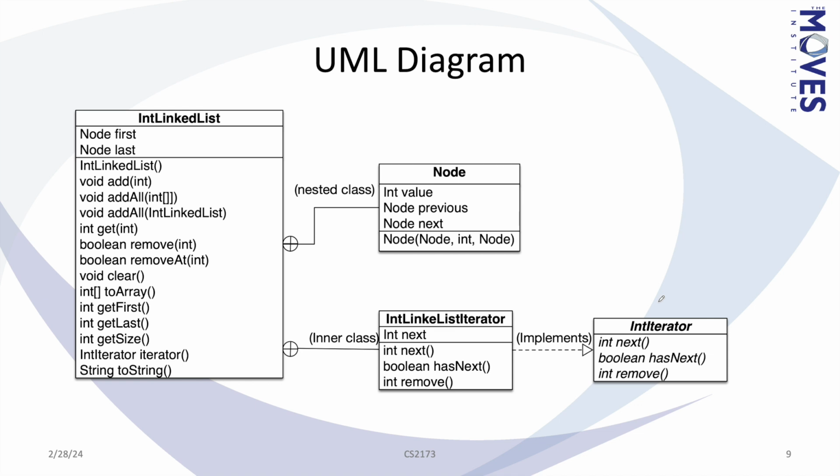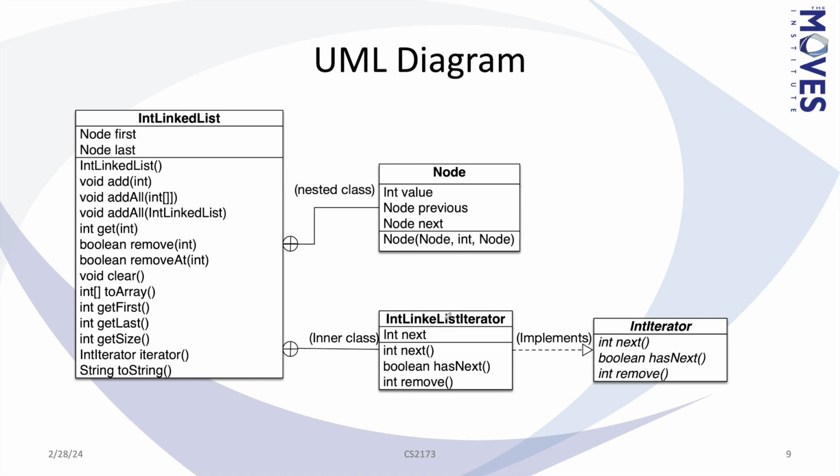I call it an int iterator, and it has basically the same type of methods. I have next, which returns an int that points to the next one, a boolean that says whether I have a next one, and then remove.